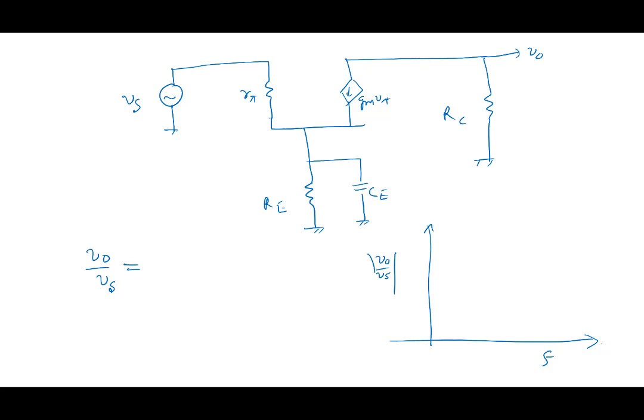Again, look at the two extremes. At very low frequency, what happens? And at very high frequency, what happens? At very low frequency the capacitor is like an open circuit, and at very high frequency it is like a short circuit.